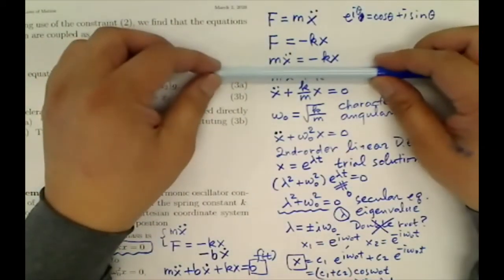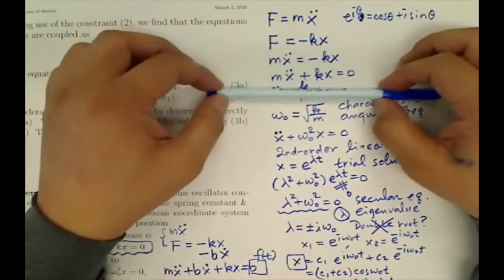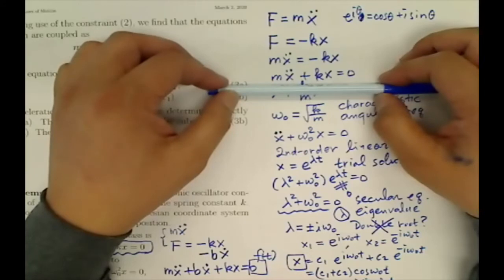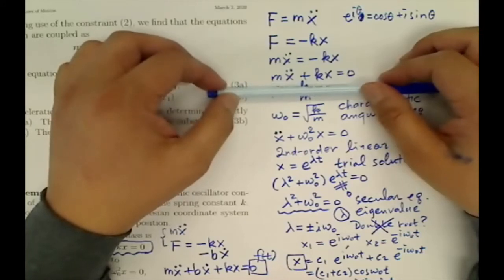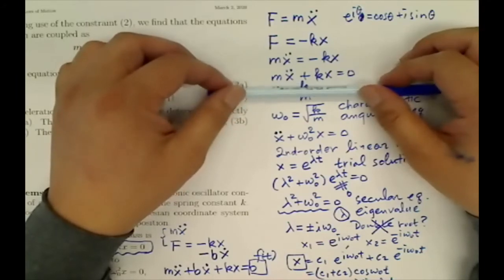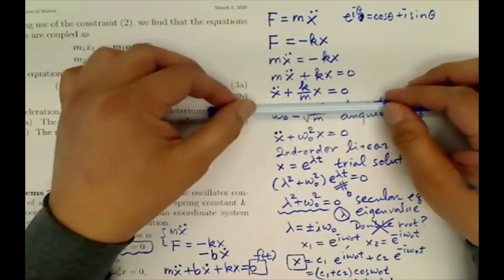If I move the minus kx term to the left-hand side, we obtain m x double dot plus kx equals 0. Because the mass of a particle is non-zero, I can divide this m out on both sides. We end up with x double dot plus k over m x equals 0.